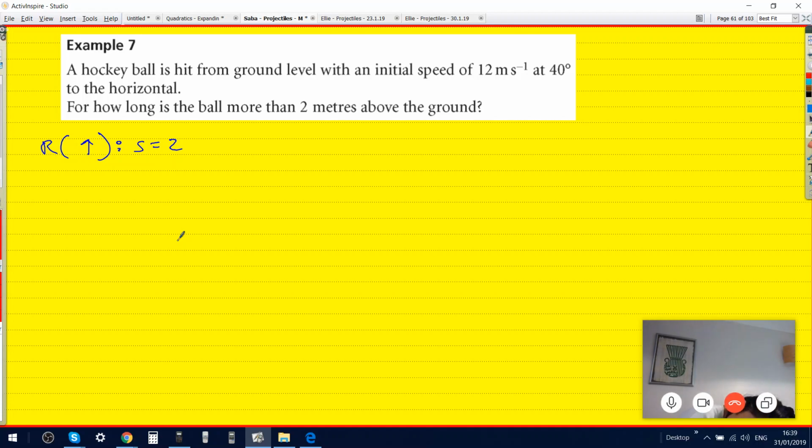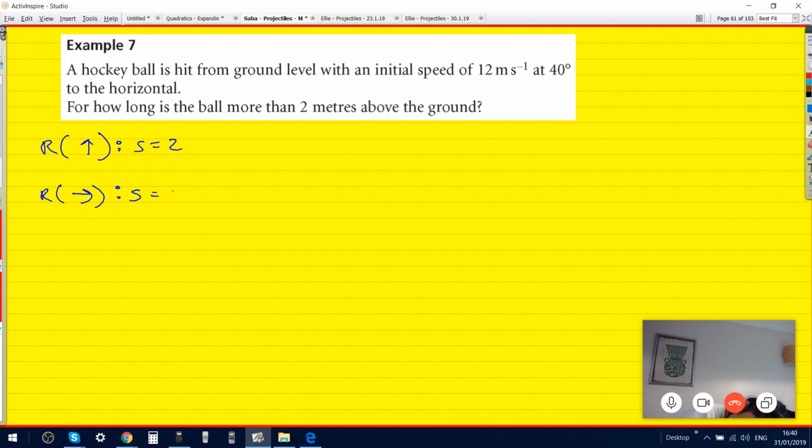Okay, so we have y equals 12 sine 40 t minus 4.9 t squared. We need to find out what t is.